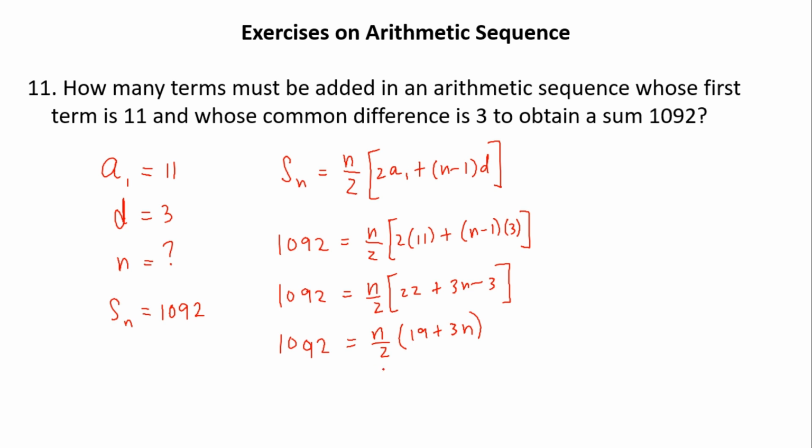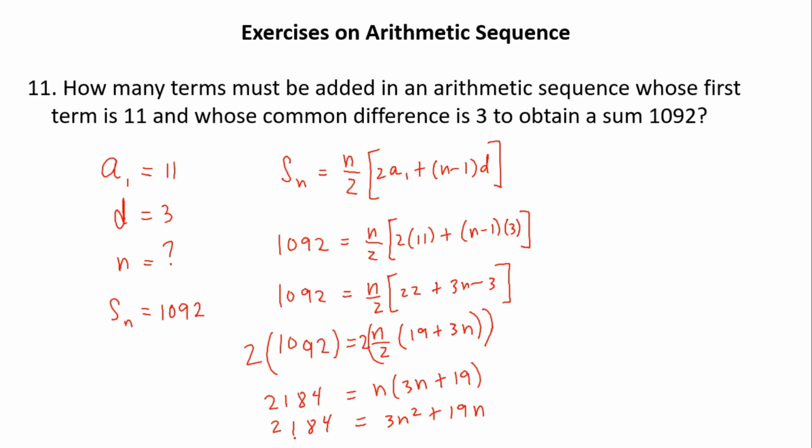Now I'm going to cross multiply or multiply both sides by 2 so that we can cancel this denominator. So if we multiply both sides by 2, we have 2184 in the left hand side, and then here we have n times, I'm going to rearrange this, (3n plus 19), and then if you distribute the n, we have 2184 equals 3n squared plus 19n.